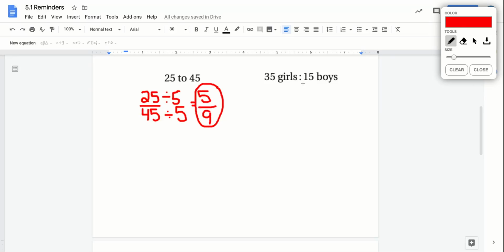Okay, so now I have 35 girls to 15 boys. So 35 G, I'm going to put G for girls, over 15 B for boys. Okay, I'm going to divide by 5 again.